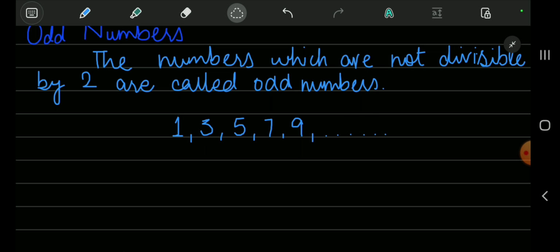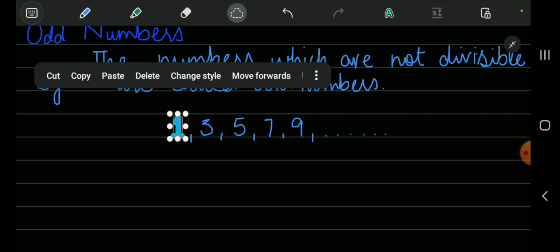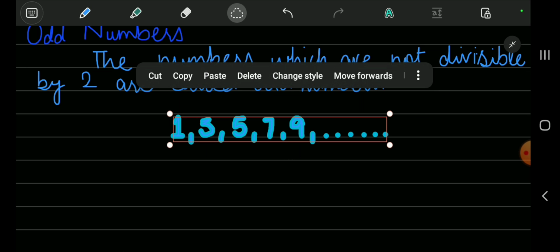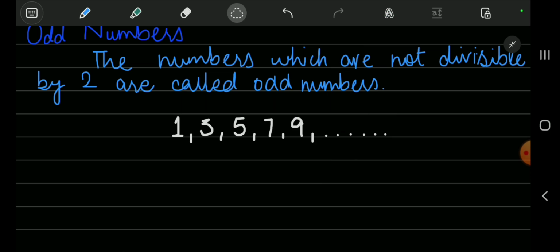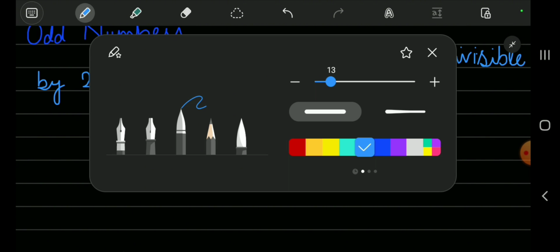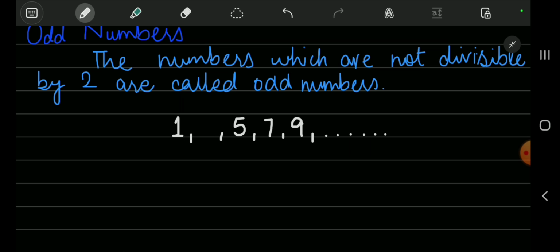You can also identify these odd numbers like this: all the numbers that will be left after writing your even numbers will obviously be your odd numbers. Like we wrote 2, 4, 6, 8, 10, 12, so all the remaining numbers are actually the odd numbers.